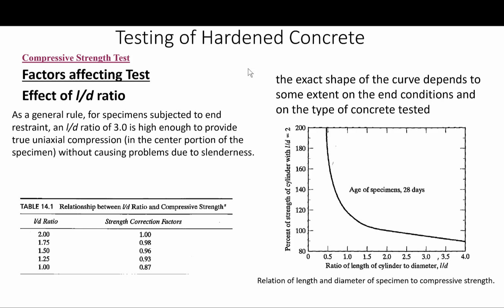Sometimes the L/D ratio is less than 2 because we don't drill large cores of a certain size. In this case, correction factors such as the table shown here are provided, in pursuance of ASTM C42, so that specimens with different length to diameter ratios can be compared on the same basis.